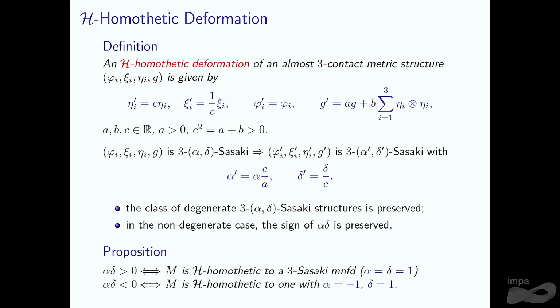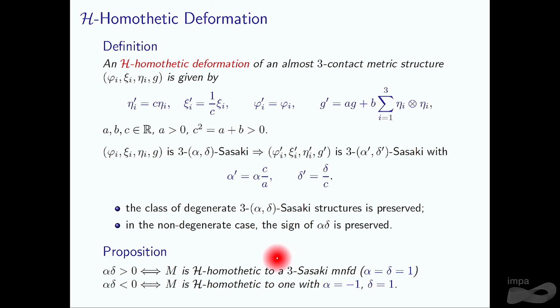And moreover, one sees easily, if I'm in the positive alpha delta case, my manifold is homothetic to a free alpha Sasaki manifold, alpha delta equals 1. And if alpha times delta is negative, it's homothetic to one which doesn't have a classical name, but is kind of the analog, right? Alpha equal to -1 and delta equal to +1. So I can normalize the product to be 1 or -1, depending on which class I'm looking at.